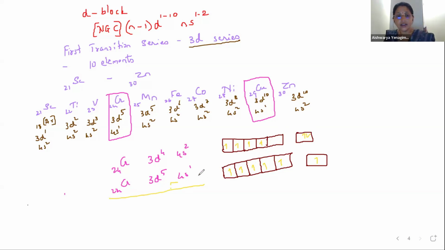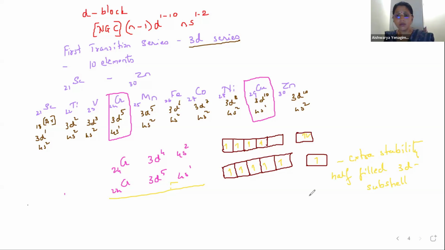The reason is that this is attributed to the extra stability of the half-filled 3d subshell. When we make it 3d5 4s1, all the 3d subshells become half filled, and half-filled 3d subshells are more stable.